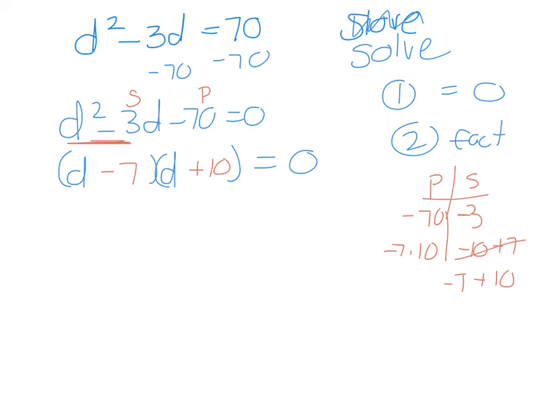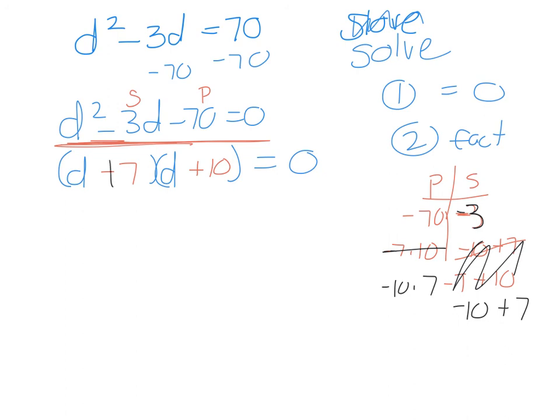The 3 is actually negative, not positive. So the two numbers have to add to be negative 3. So I'm going to go back to the negative 10 plus 7, which will give me a negative 3, and negative 10 times 7. So this is a plus, and this one is a minus.